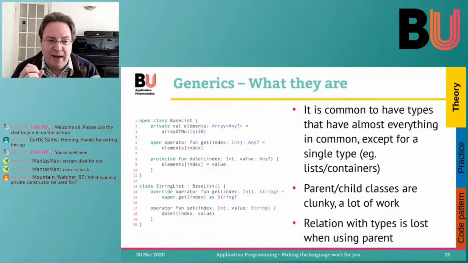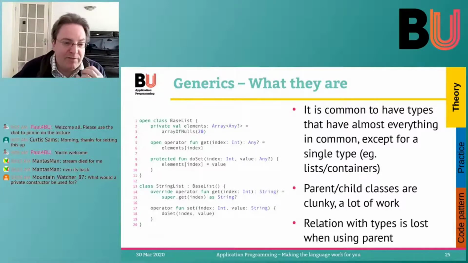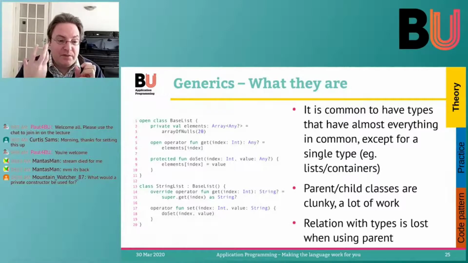A very basic example of how this works is this example of code where I actually use it with parent-based child classes. So this is how you could do this instead, and you see the clunkiness that we get. We have this base class that has basically an array of elements.